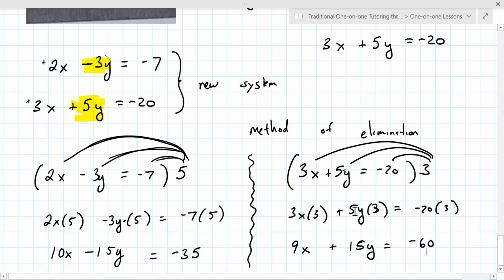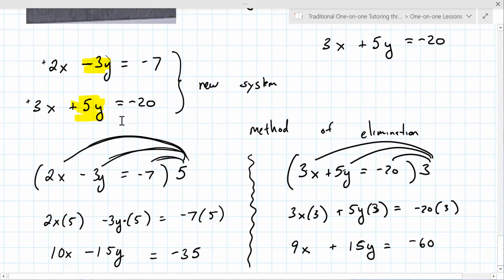The second equation is 3x. We're going back to the original equation here.